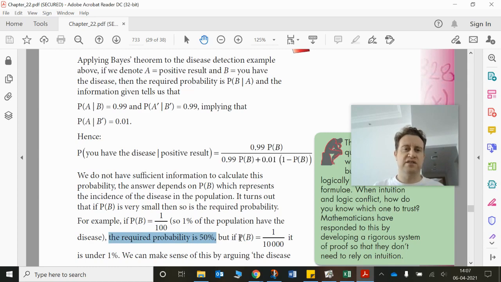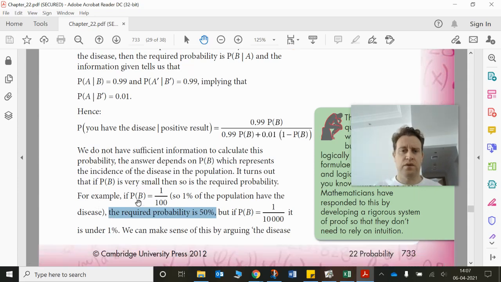However, if the incidence of this disease in the population is 1 in 10,000, then suddenly the probability that you have the disease based on your positive result goes down to underneath 1%. So there's this incredible variation there, depending on the underlying incidence of the disease in the population.